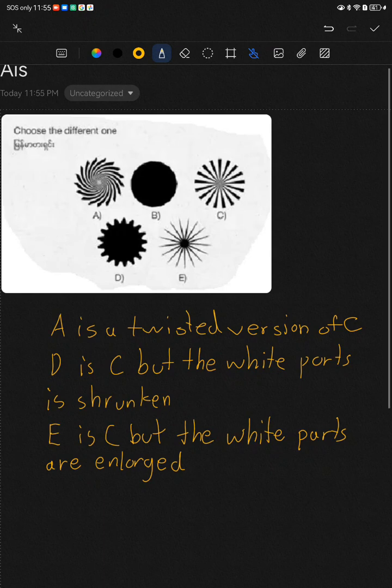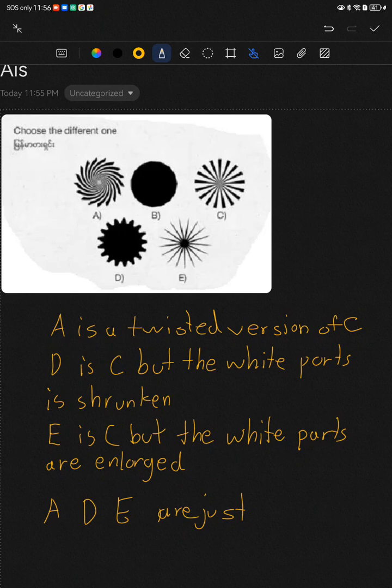In other words, C just metamorphosed into B. B is a complete transformation of C. A, D, and E are just contorted, twisted forms of C. One thing to note: distorted and completely transformed are not the same.